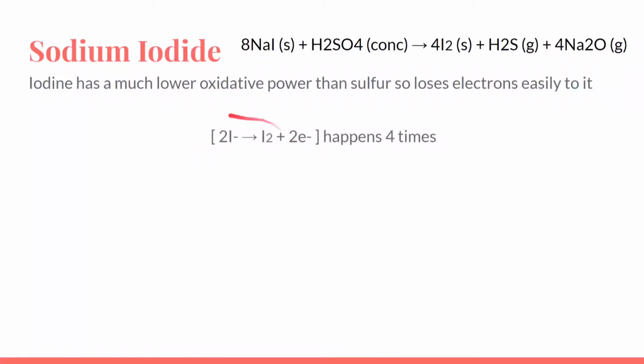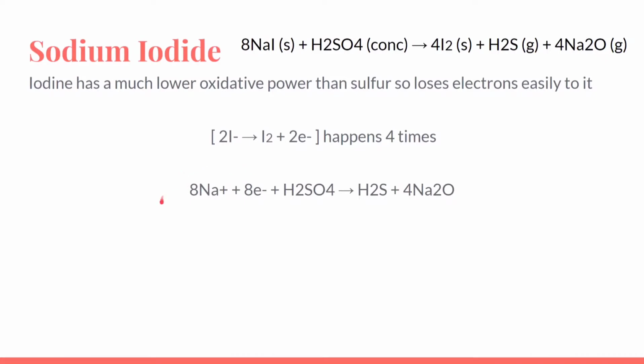So you can see here in our half ionic equation that 2 iodide ions go to an iodine molecule and 2 electrons are released. And because we have 8 sodium iodide moles in the reaction, this has to happen 4 times to get these 8.